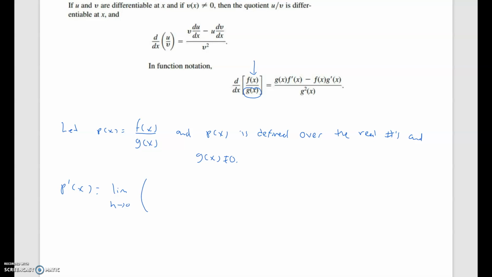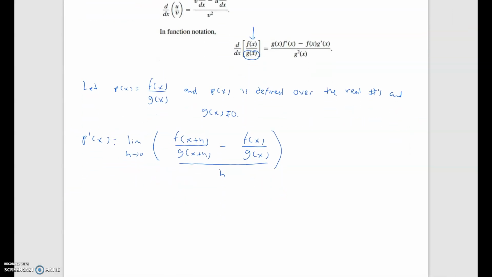At this point, I want to use the way that we rewrote the functions. So on the top we have f of x plus h over g of x plus h, minus the quantity f of x over g of x, and all over h.